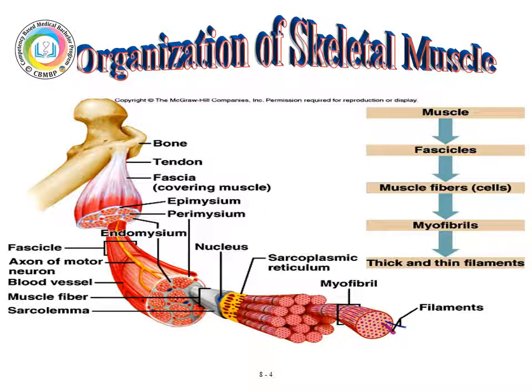Here is the organization of skeletal muscle. Skeletal muscle is formed of groups of fascicles. These fascicles are formed from muscle fibers, which are the cells. The cell of the muscle is called a muscle fiber.